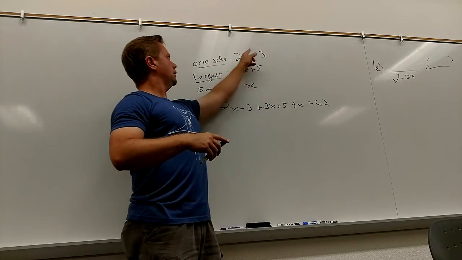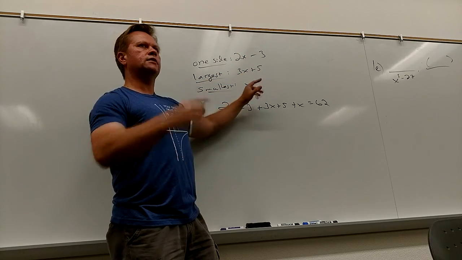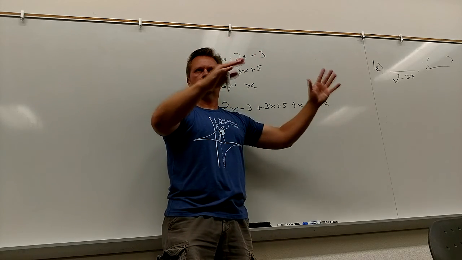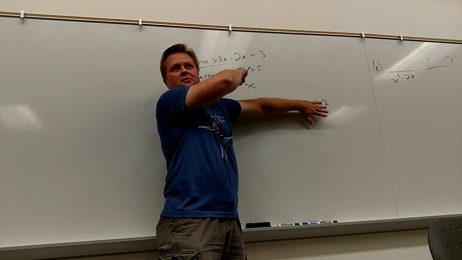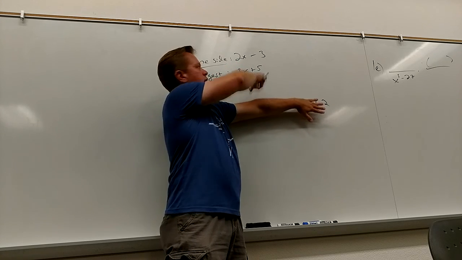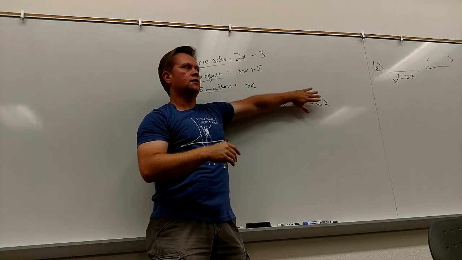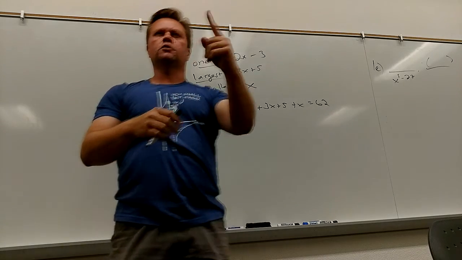So I'm modeling a triangle that has these relationships between the sides, and then I want the triangle that has this perimeter. There's an infinite number of triangles that match this, because for every value of x you can imagine, these work. Of course, it's got to be greater than 0 to make sense physically. But I want the one that has a perimeter of 62. There's only one triangle that does that.